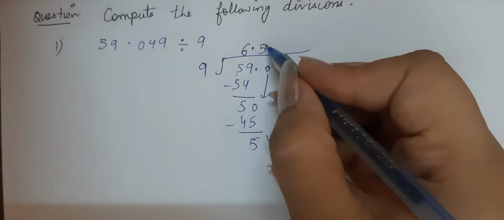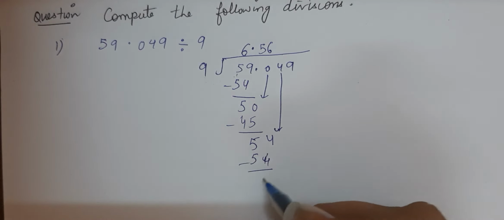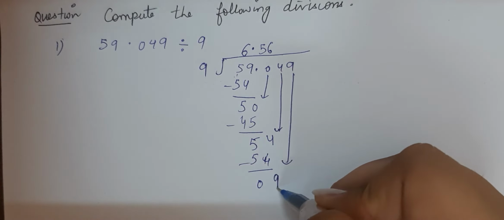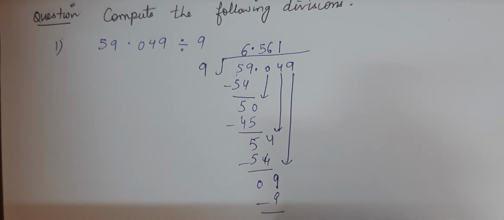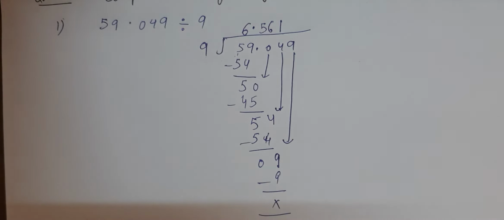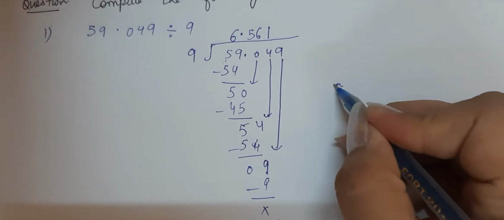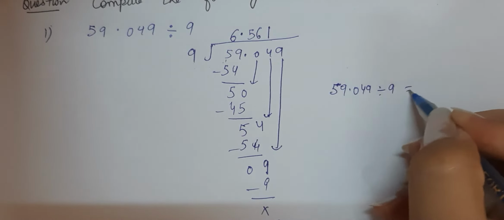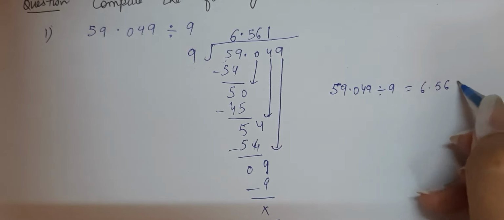Now I know 6 into 9 is 54, and hence 0, then again 9, and 9 into 1 is 9, and hence it is solved. Now I can see the answer after dividing 59.049 divided by 9 is equal to 6.561.